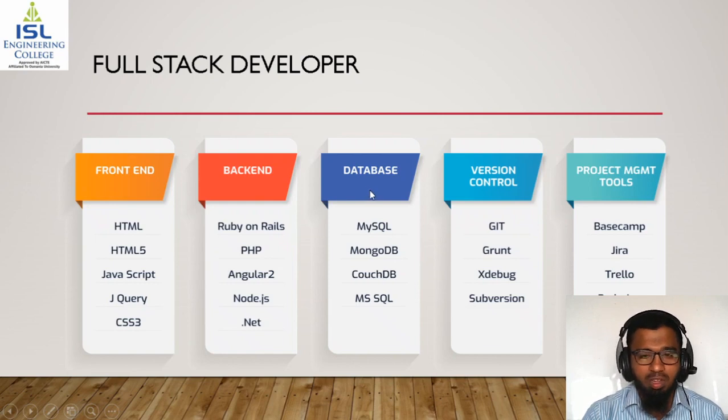What is database? Database means, as I told you about the login example of Facebook, in the same way the database will get the data, and you will store it, and we will display it on the front end.